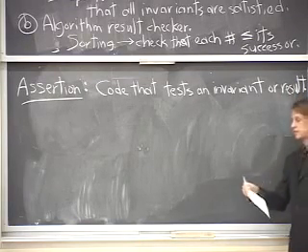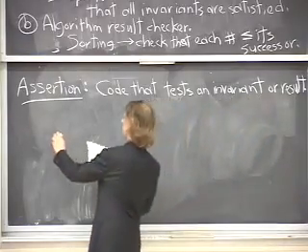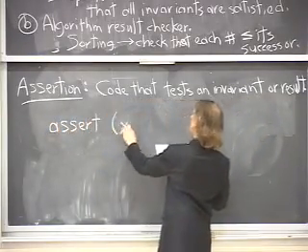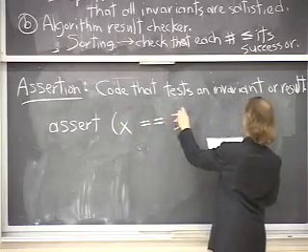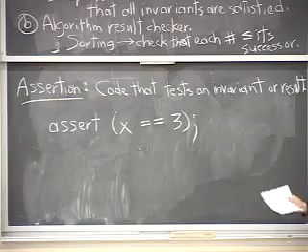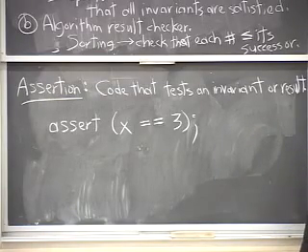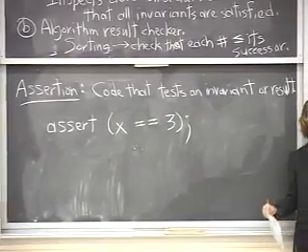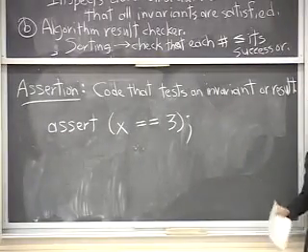So here's how it works. You write something in Java like assert x == 3 at some point in your code, when you think that x should always be equal to 3 at that point. So if you think it's an invariant of your data structure that x is always equal to 3 at a certain point, then you can test that.